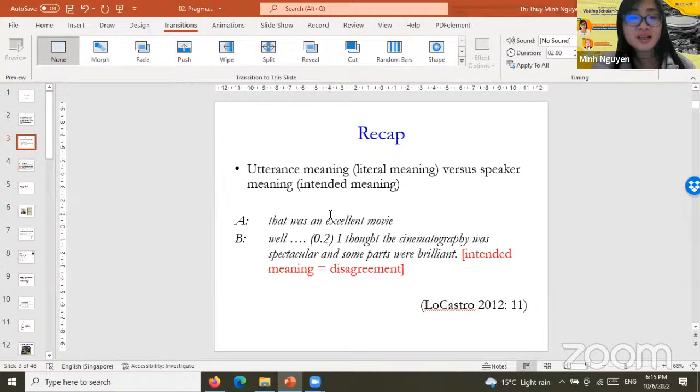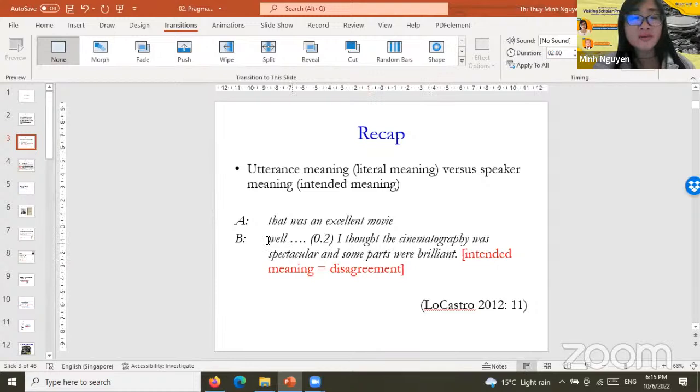Last week we looked at this conversation between two people where A says, that was an excellent movie, which is a comment on a movie. And B says, well, and then a little pause, I thought the cinematography was spectacular and some parts were brilliant.